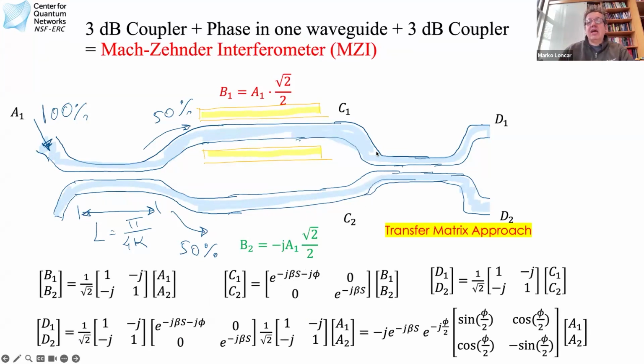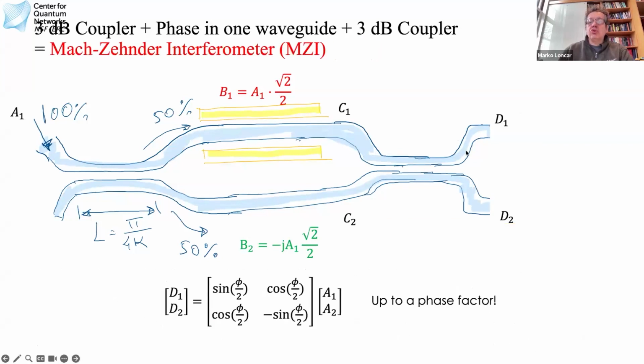And because of this, this extra phase allows me to control the output. If you look at this matrix, you can see that if I strategically choose phase phi to be pi, the light will be, this is pi over 2, this is pi over 2. So basically you get kind of like 50-50 here.